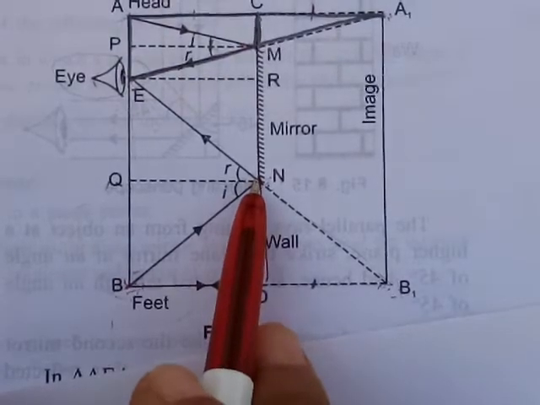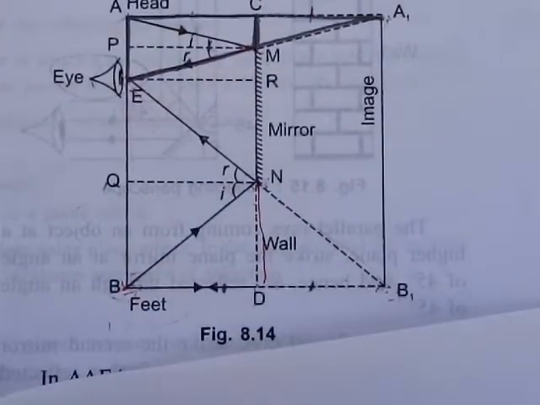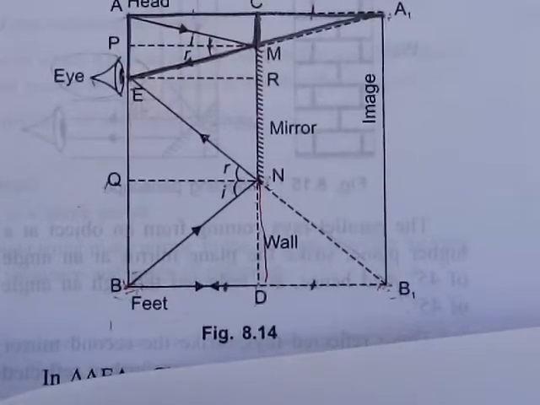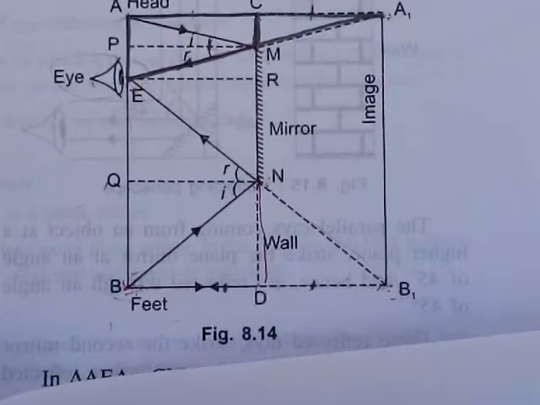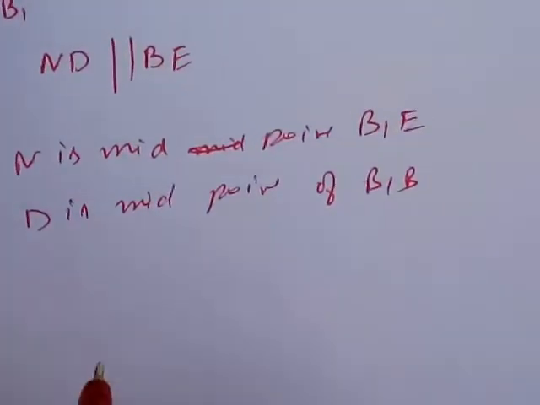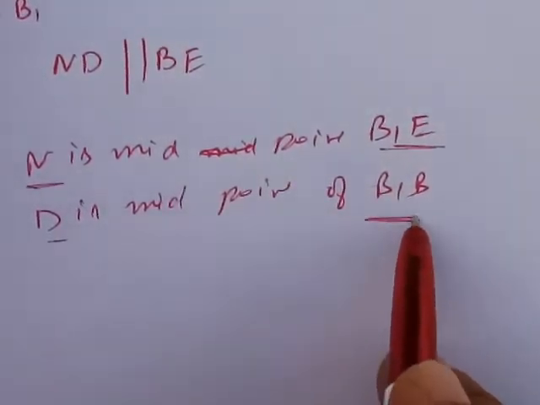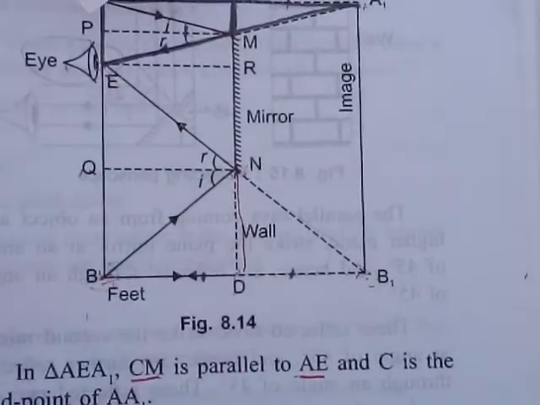Therefore N is the midpoint of B1E and D is the midpoint of B1B. N is the midpoint of B1E and D is the midpoint of B1B.